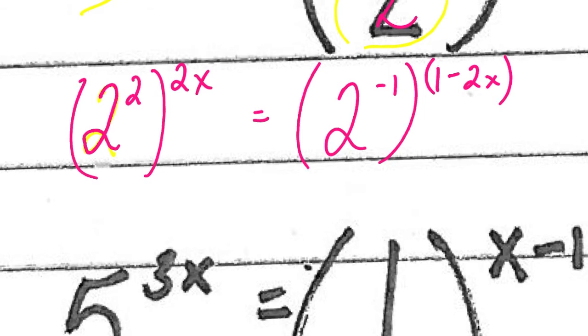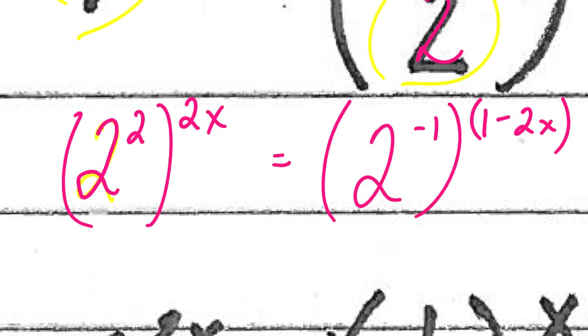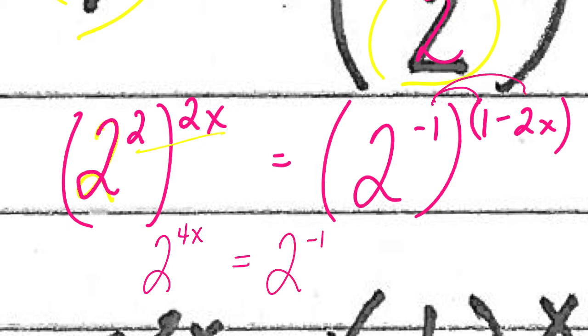So my next step would be to do the powers to a power. So I know that this power to a power is going to be 4x. So this is going to be 2 to the 4x. And if I distribute this, I'm going to have 2 to the negative 1 plus 2x. So because we are solving for x, because of the same base, we can take out the base because they are equivalent, and we can go ahead and make a whole new problem.